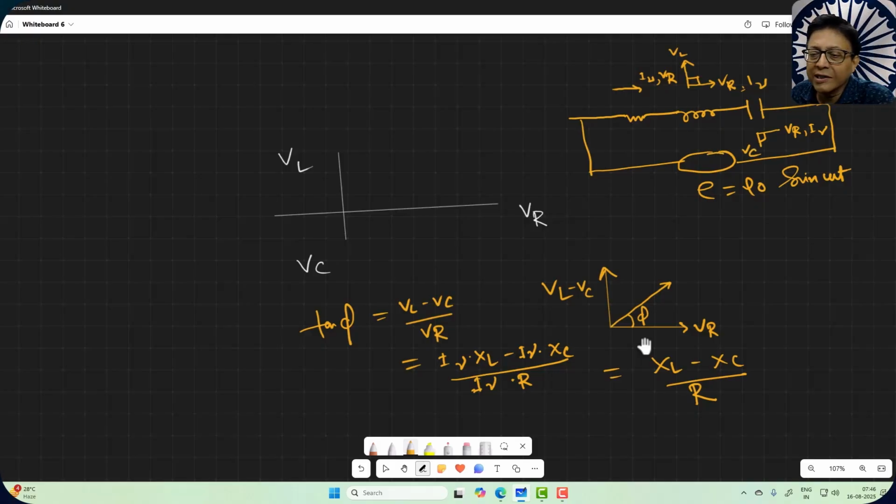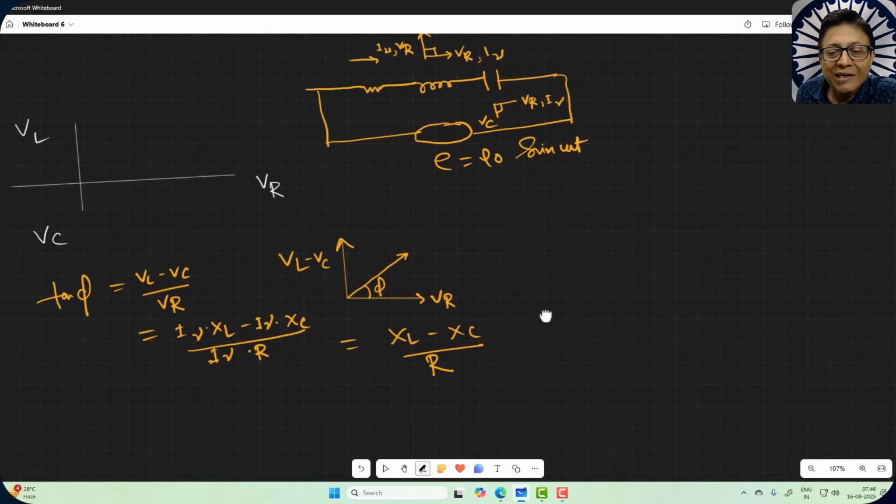What I want to say, if we start with this expression that tan phi equal to XL minus XC by R, then in this diagram we have taken current in this direction, and the resultant voltage, I mean the difference between VL and VC, along the y-axis.